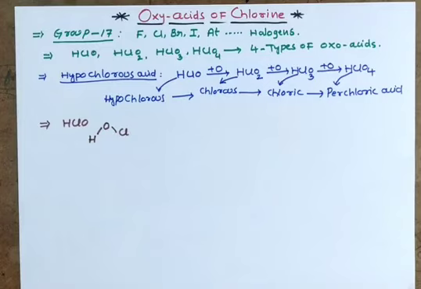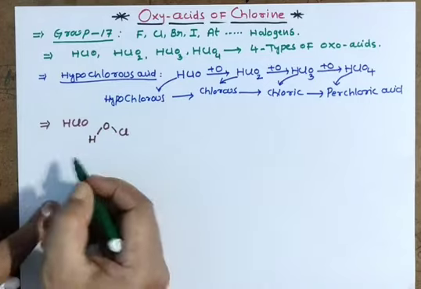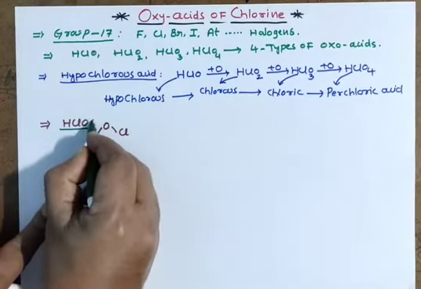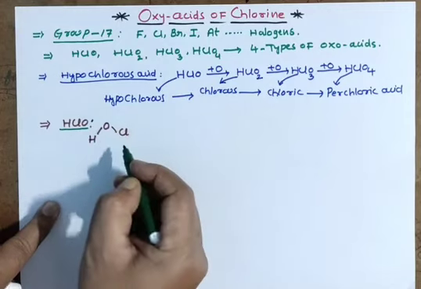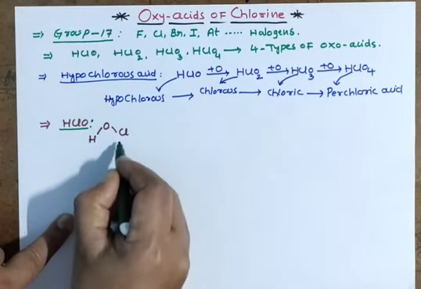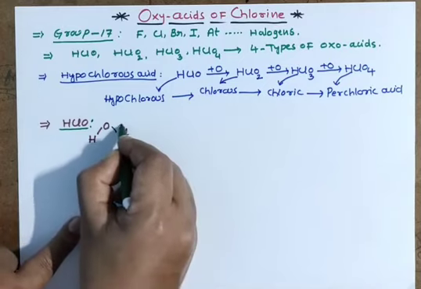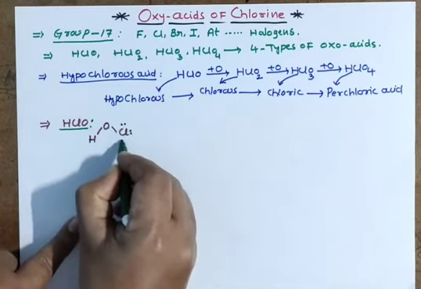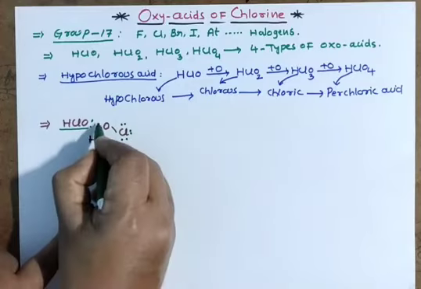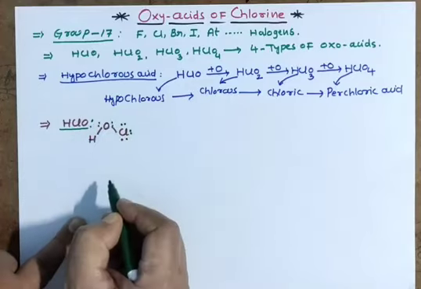Actually here chlorine is the central atom, but by looking into the structure, oxygen is the central atom. Chlorine is a 7th group element, 7 electrons are present. One bonded already, remaining 6 electrons. Oxygen having 2 lone pairs.